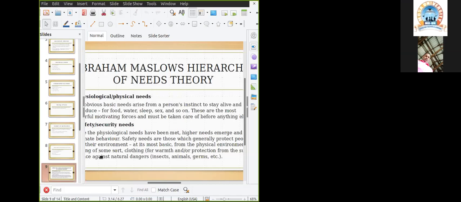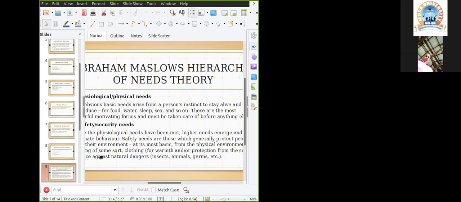Let's first of all understand what the physiological or physical needs are all about. Like I said, the physiological or physical needs are the obvious basic needs that arise from a person's instinct to stay alive and reproduce.